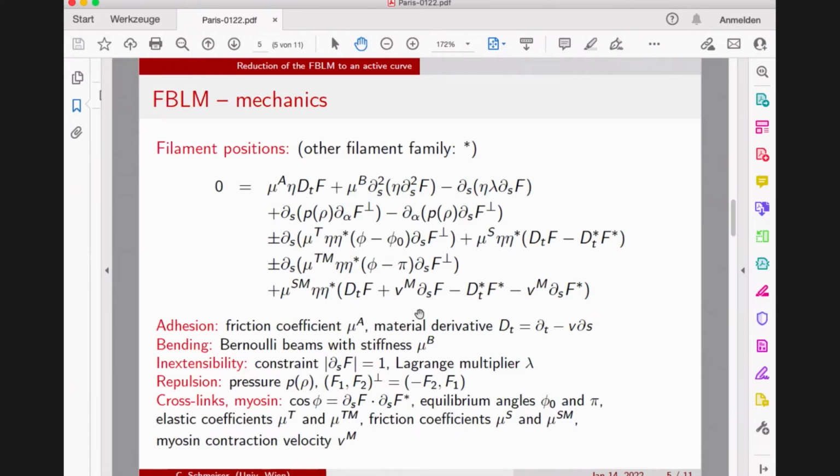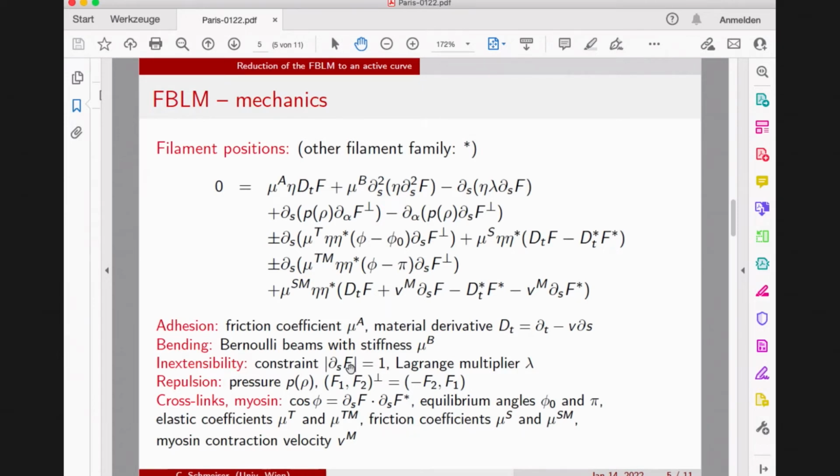And so this capital F, the vector in R2, gives a position in R2, and F of alpha and S is the position, you could say, of the filament number alpha, or better, the position of the polymer number S of the filament number alpha.